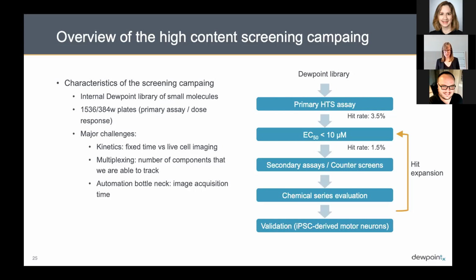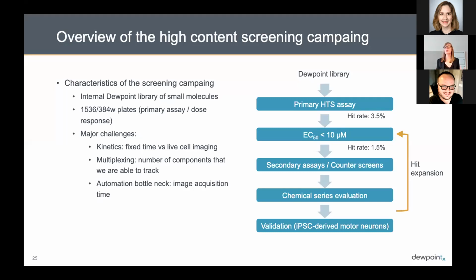First is kinetics. Condensates, as we have seen, are very dynamic, but our primary HTS assay is imaged at one fixed time point. So we really need to be thoughtful and careful on how to account for these different kinetics and dynamics throughout the screening cascade. The other challenge is multiplexing.